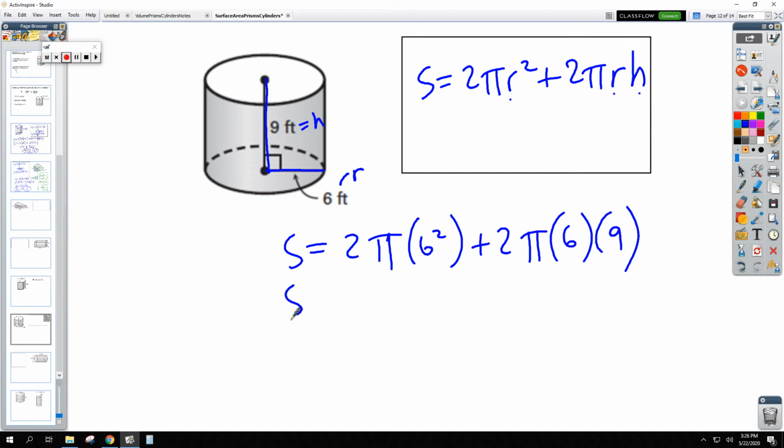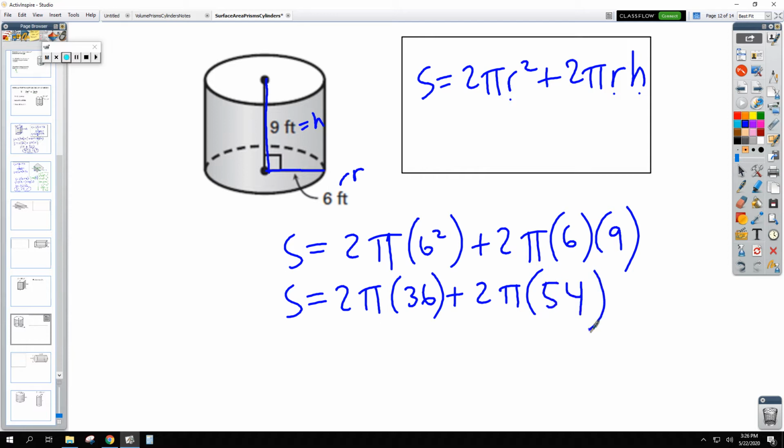Everything's in. Just be very careful when you go working this out. That's 2 times pi times 36 plus 2 times pi times 54. I had a lapse, didn't know what that was for a second. Anyways, multiply this out. I like to keep it in terms of pi till the very end.